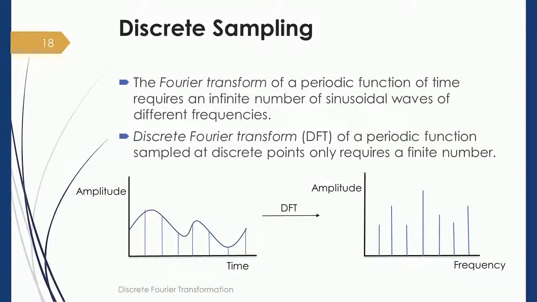Recall that the Fourier transform of a periodic function requires an infinite number of sinusoidal waves. So, the Fourier spectrum will be infinitely long because the Fourier expansion is an infinite sum, and the Fourier spectrum comprises the coefficients in the Fourier expansion. However, in the context of a discrete periodic function, we have a vector of dimension N.